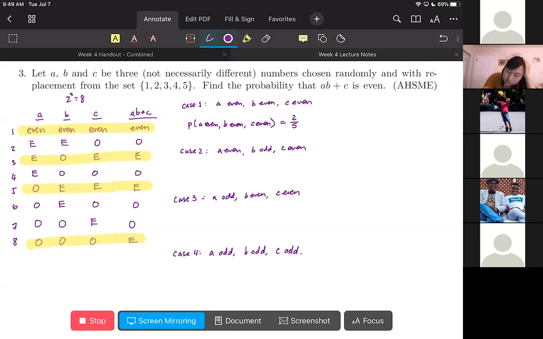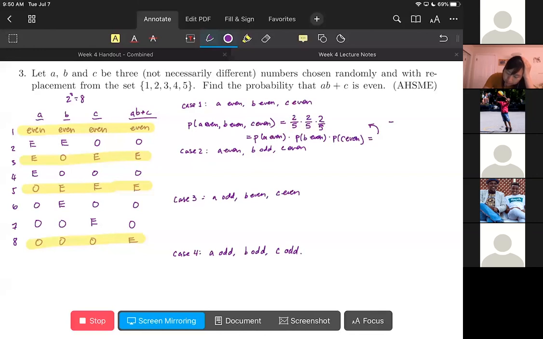Yeah, so 2 out of 5 is the probability that, say, we pick A and A is even. But now we also need to ensure B is even and C is even. So there's also a probability that I want to multiply here. To be more explicit, since these are independent events, the probability of A is even times the probability that B is even times the probability that C is even equals that.